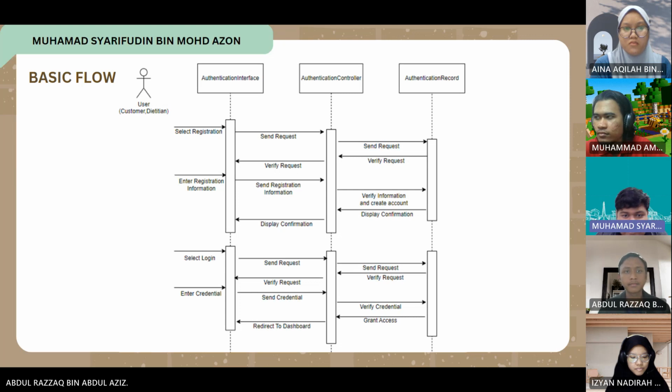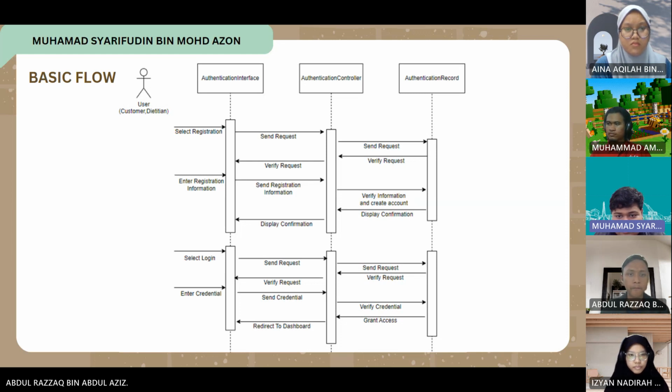For the first sequence diagram, which is for manage register and login, if the customer selects registration, it will send the request to the authentication controller and then to the authentication record. The record will then verify the request to the controller, and the controller will show the verify request to the authentication interface.